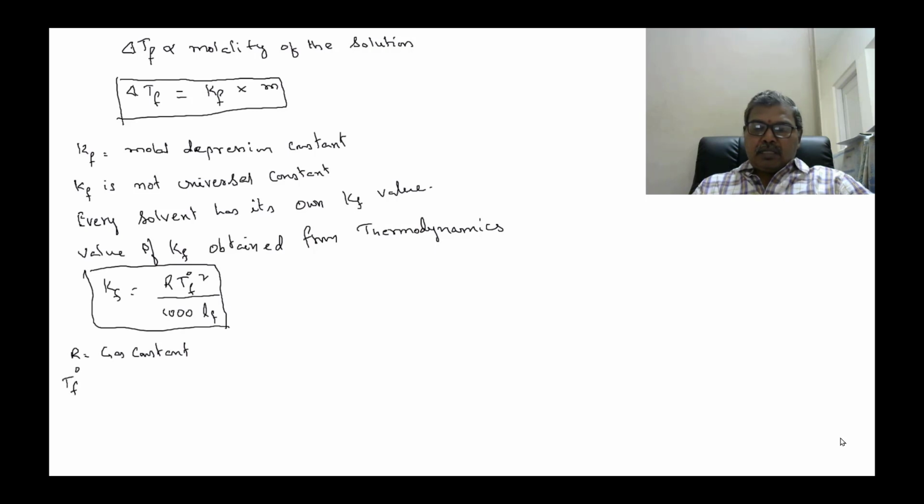Tf naught is freezing point of pure solvent, and Lf is latent heat of fusion.